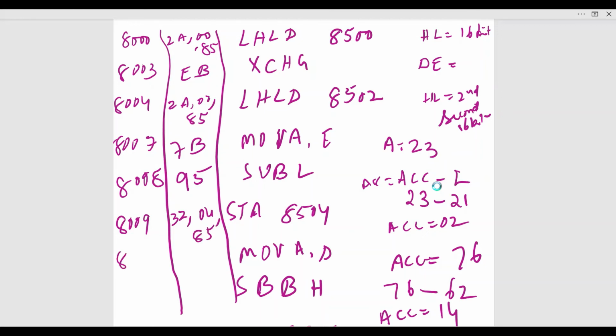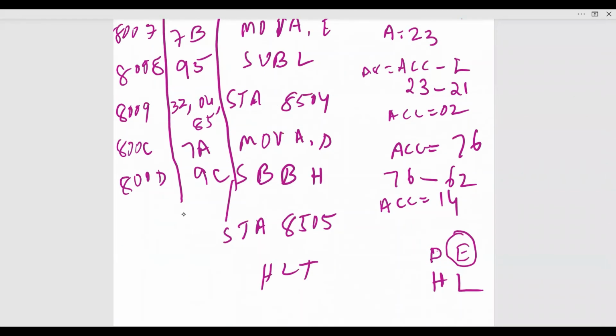So this will be your 800C. MOV A, D is a single byte instruction. So its output is 7A. Next is again 800D. It is also a single byte instruction. Its output is 9C. Next is a 3 byte instruction and it occupies 3 memory locations.